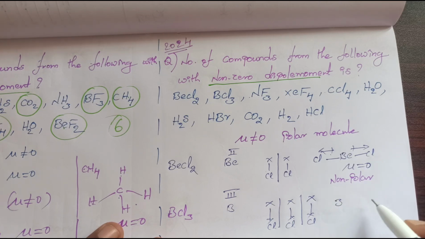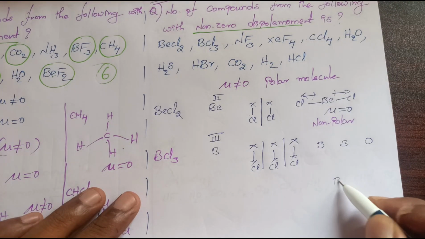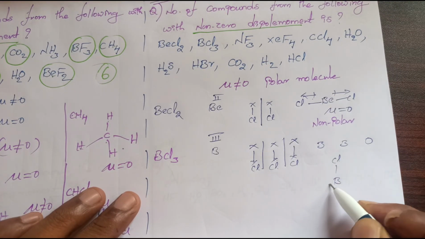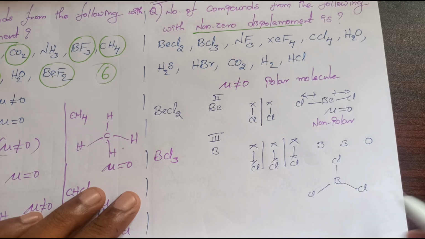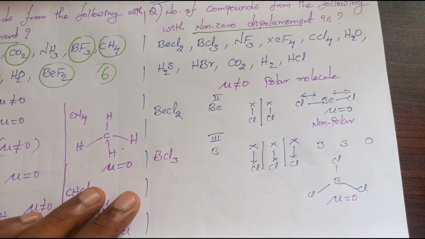Total pairs 3, bond pairs 3, lone pairs 0. The shape is trigonal planar. In the trigonal planar case, what did I say about dipole moment? Dipole moment 0. It is a non-polar molecule. Next, NF3.